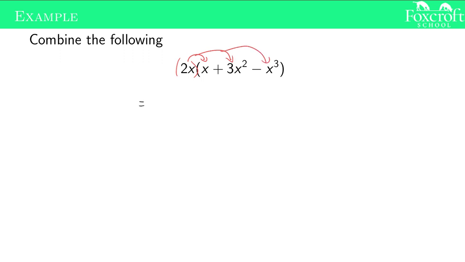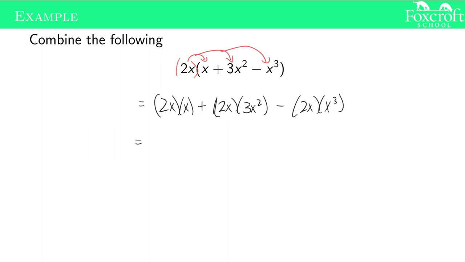Again, the distributive property says I'm going to take 2x multiplied by x, add 2x multiplied by 3x squared, and subtract 2x times x cubed. You don't necessarily have to write this step when you get good at multiplying these things together. In our previous learning objective, we learned 2x times x is 2x squared because we add the powers of 1. 2x is x to the first.